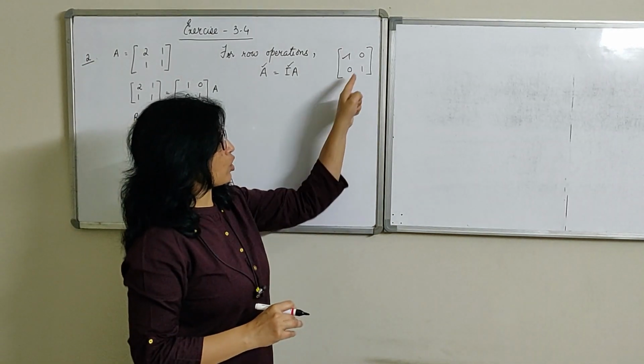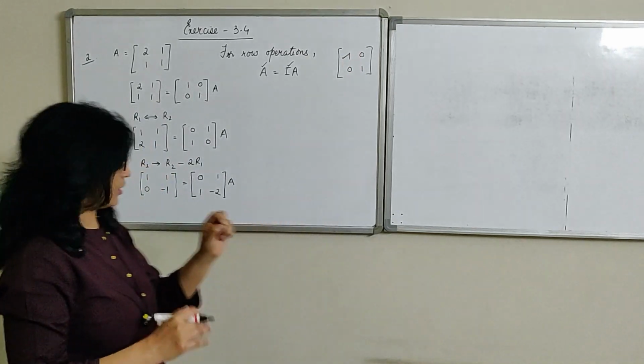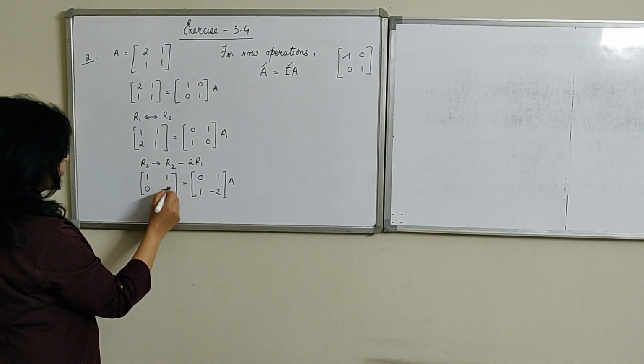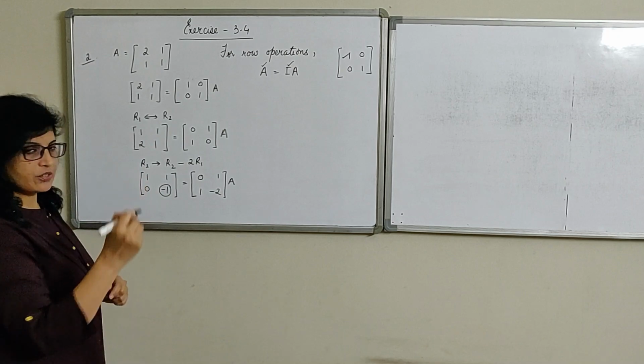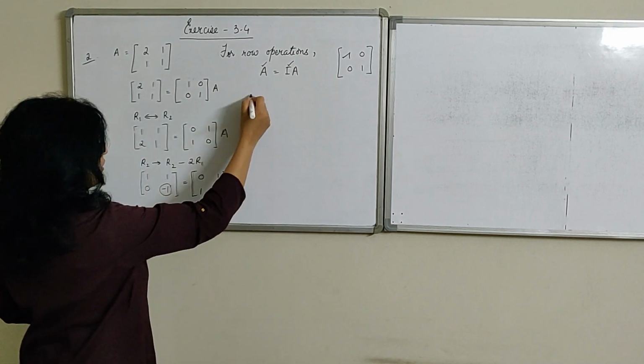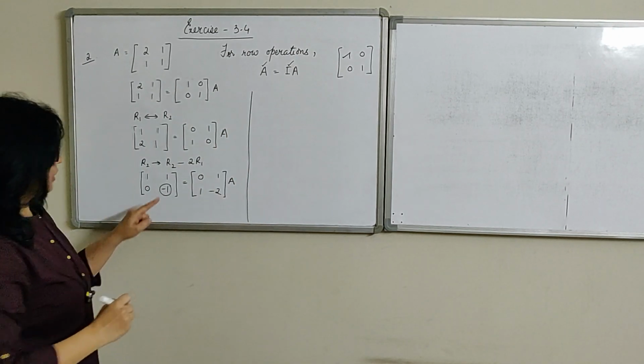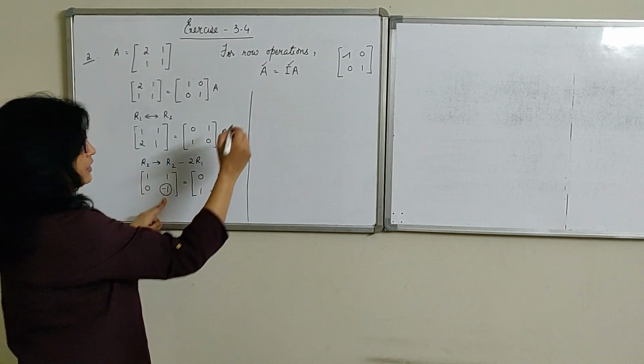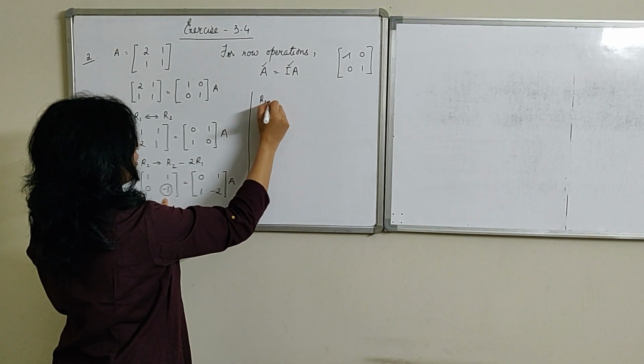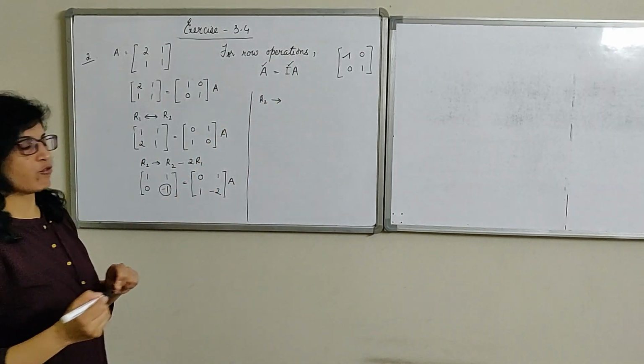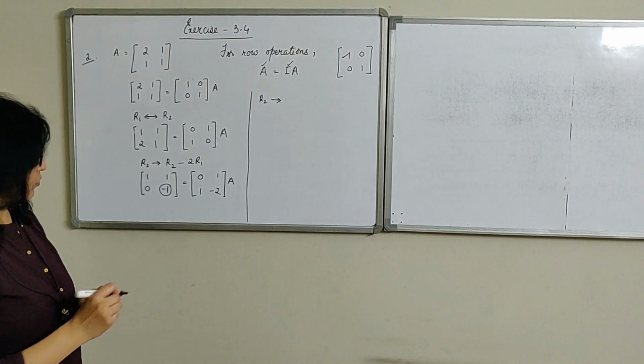Now in the next column we want 0 and 1. I will prefer to convert this into a 1 first. Again, because this element is present in the second row, some changes have to be done in the second row.